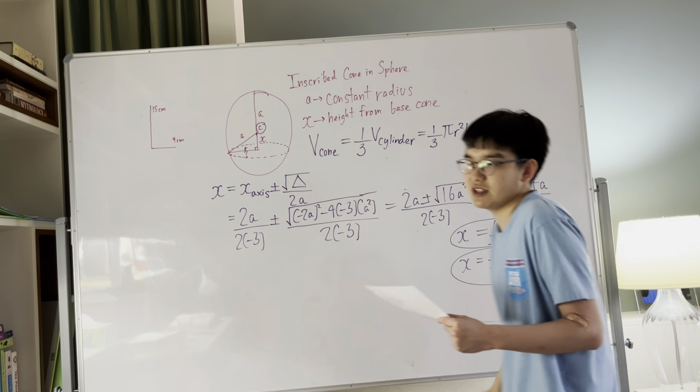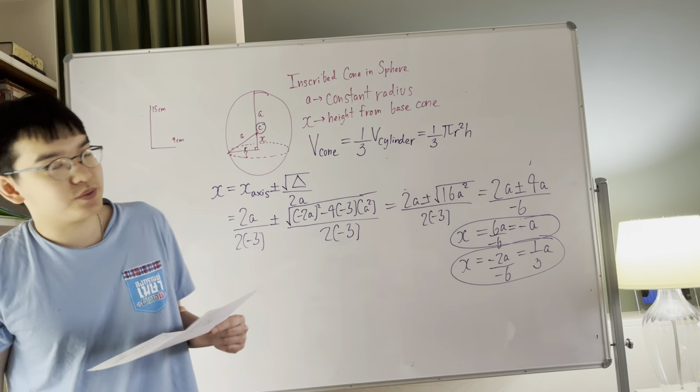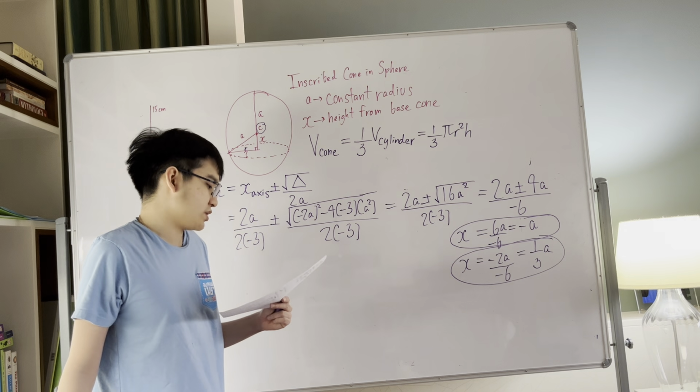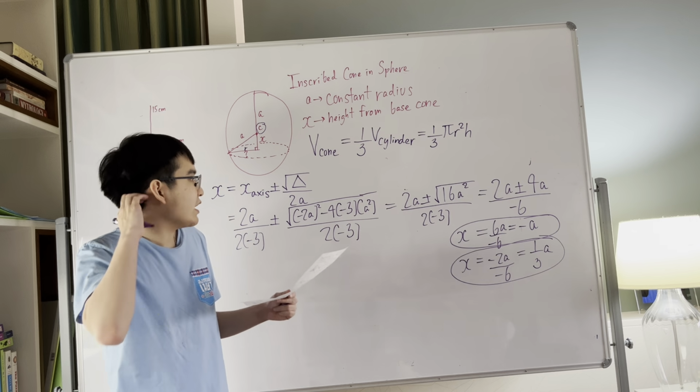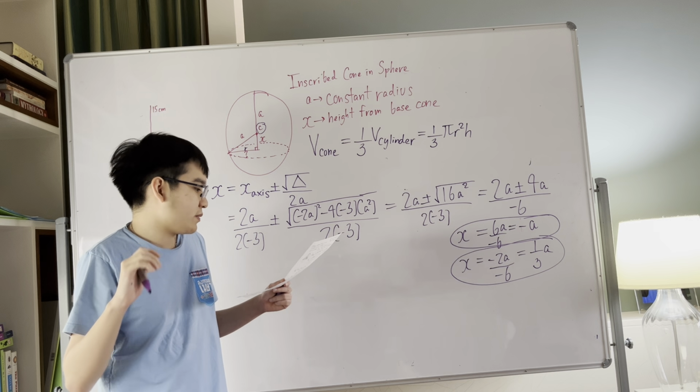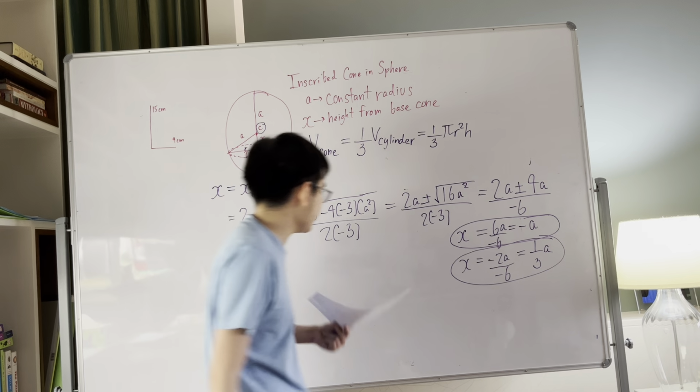But once again, as typical of optimization problems, we have to pick the correct solution, because we don't know whether this will minimize or maximize, and the way we do this is by using the second derivative test.